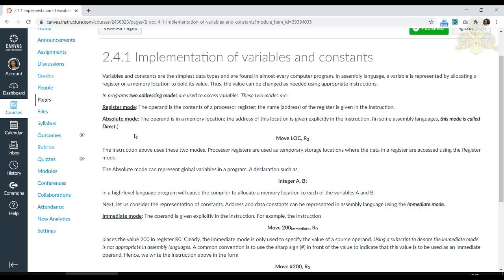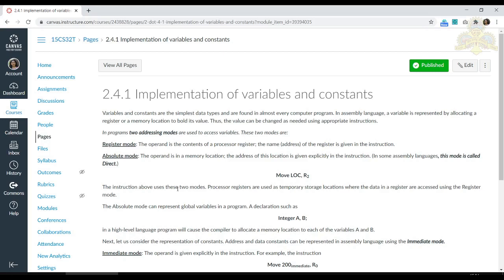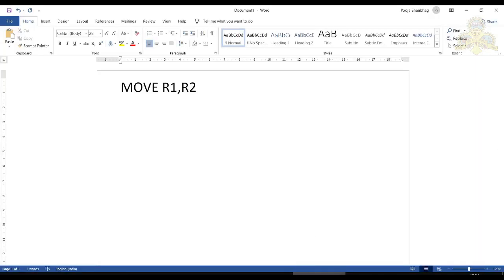The first one is register mode. In this register mode, the operands will be the contents of a processor register. The name of the register is given in the instruction. For example, move R1, R2.